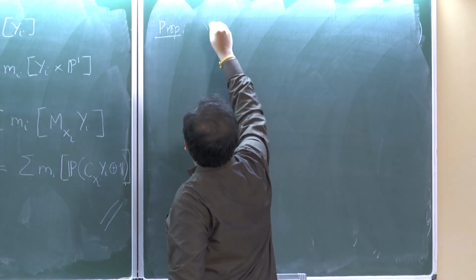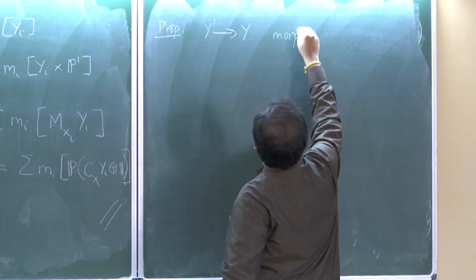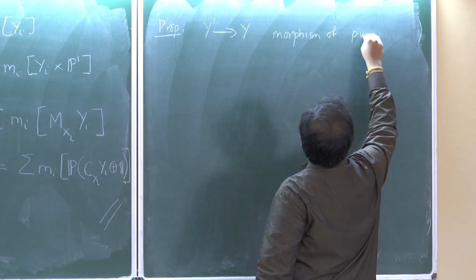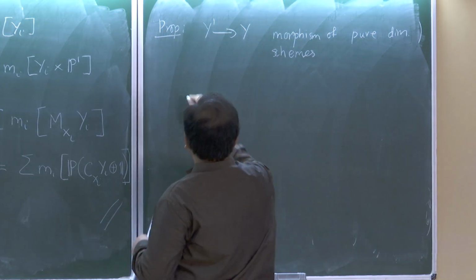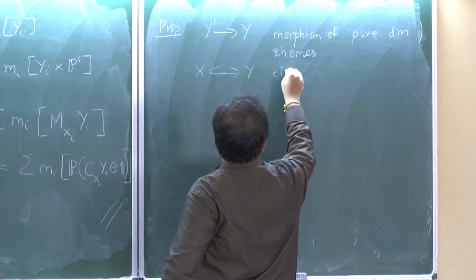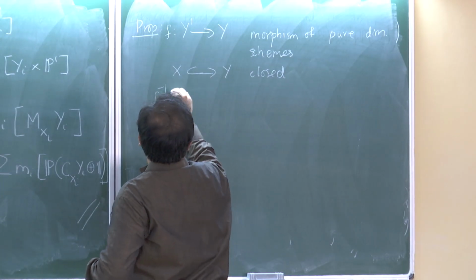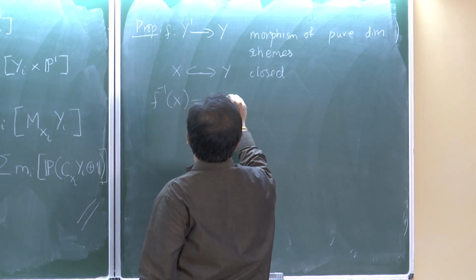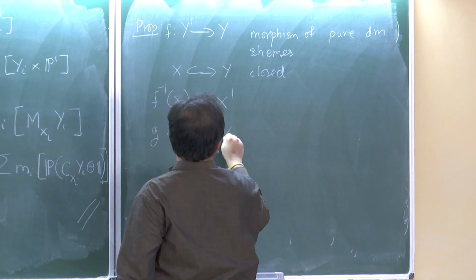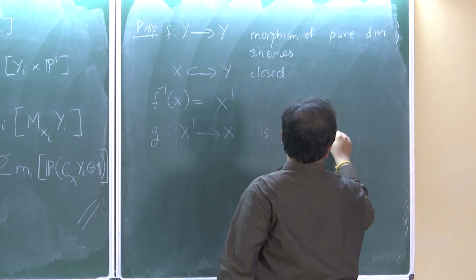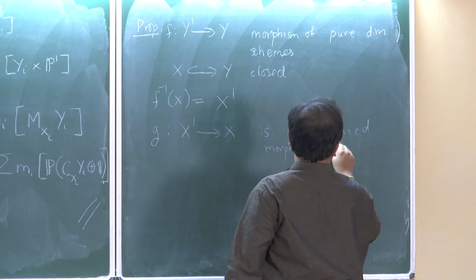So suppose I have Y prime to Y, a morphism of pure dimensional schemes, and X in Y is closed, and let me call this f, and f inverse of X is equal to say X prime, and g from X prime to X is the induced morphism, basically the restriction of f to X prime.